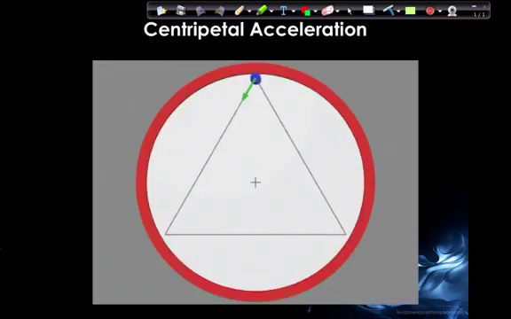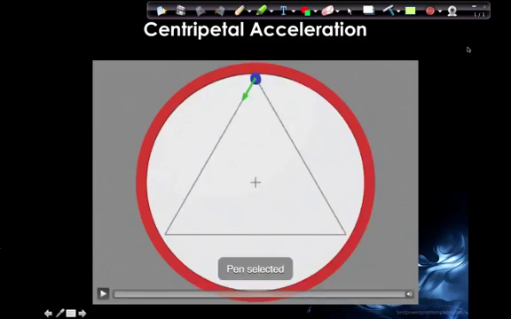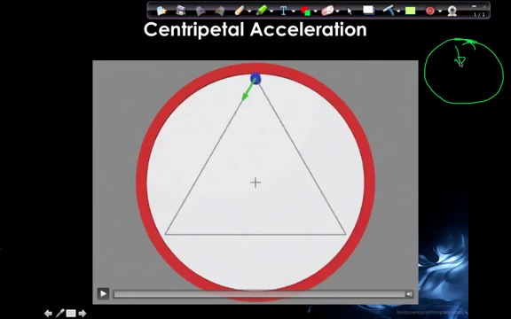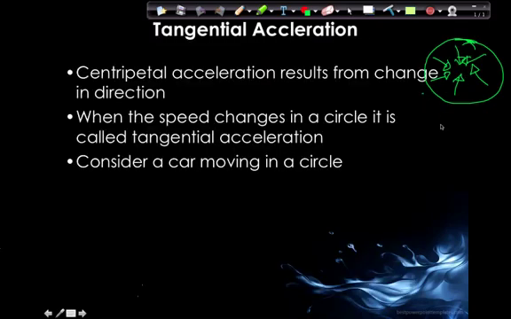Okay, so when we're moving in a circle like this, and you're looking at your vectors, you will always have the vector for acceleration pointed towards the center. So at every single point, the acceleration will be pointed towards the center because it's center seeking, it's centripetal acceleration.